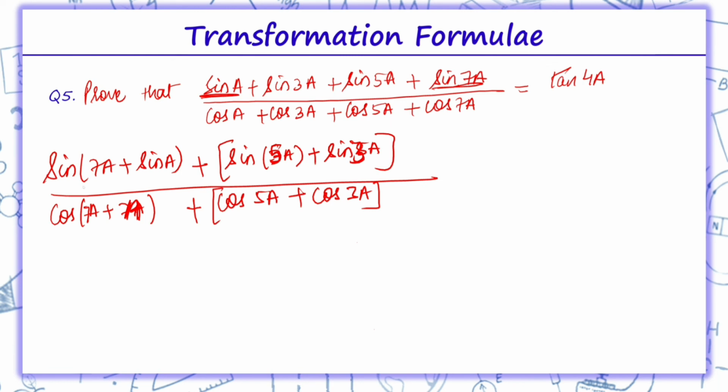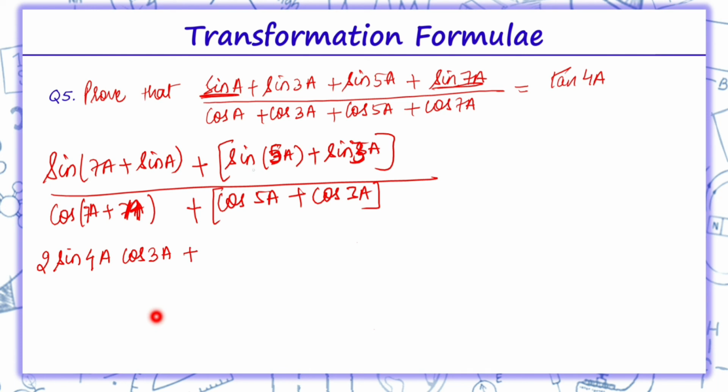So sine 7a plus sine a, that is sine C plus D, will be written as 2 sine C plus D by 2, 7a plus a, 8a by 2. So it will be 4a. Then we have 7a minus a, 6a by 2. So it will be written as cos 3a.